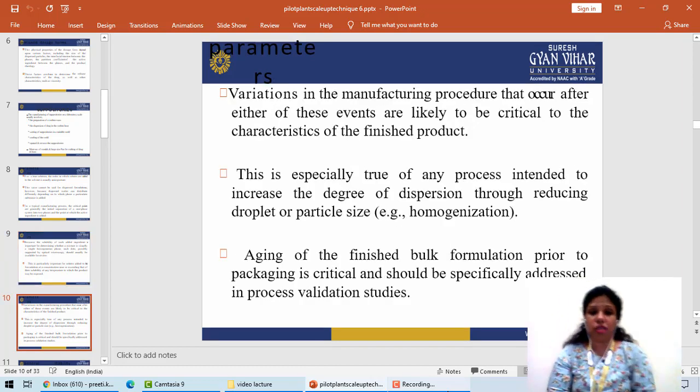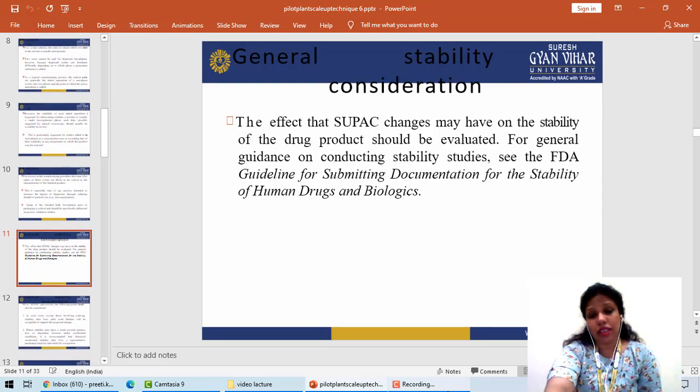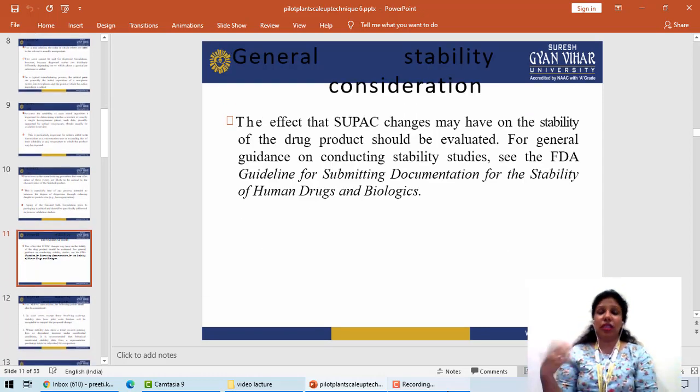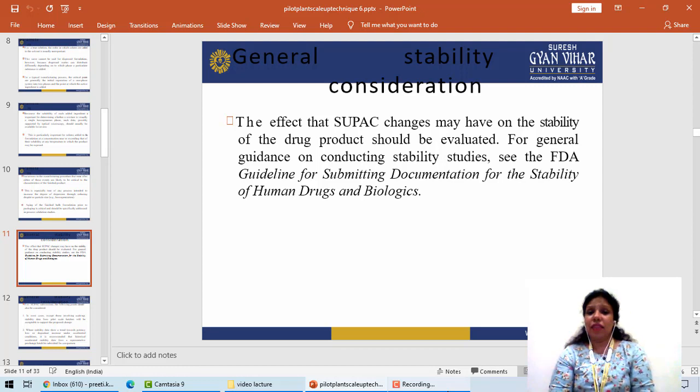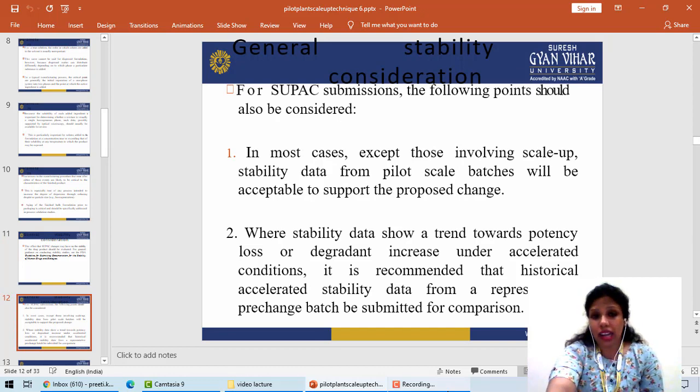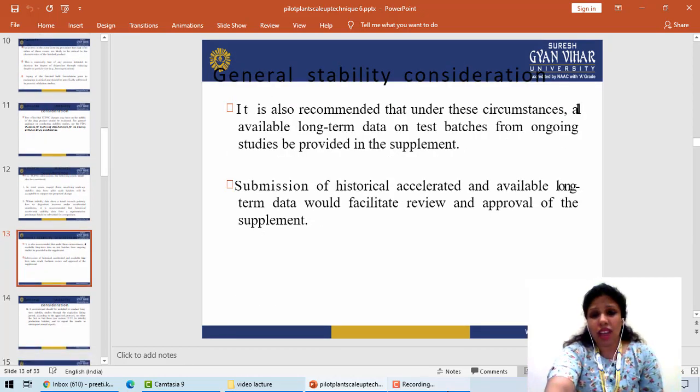Along with this, we have also discussed that there are certain critical parameters which we need to consider when we are doing the scale-up technique. Then we have discussed the general stability consideration related to this technique. In this, we have discussed the SUPAC changes. SUPAC is scale-up and post approval changes, and we also have discussed the FDA guideline related to this.